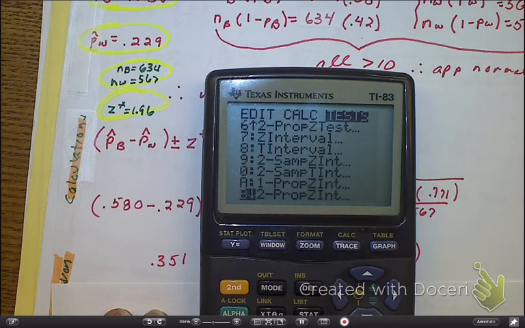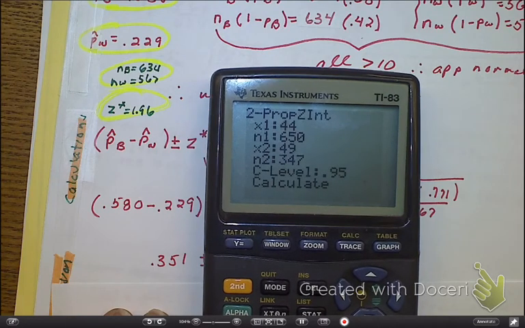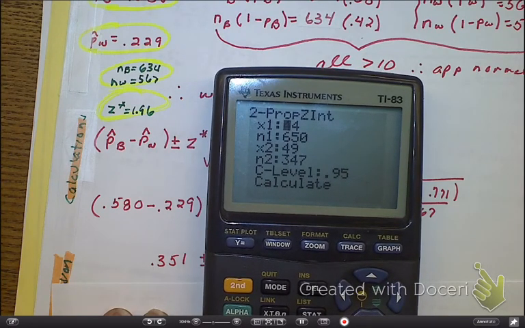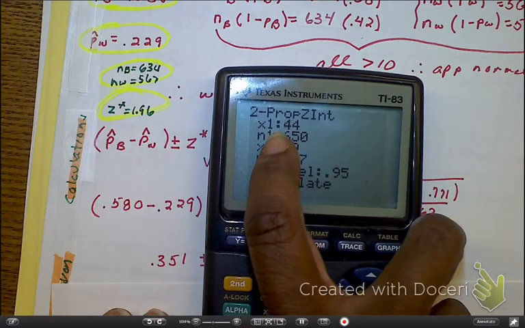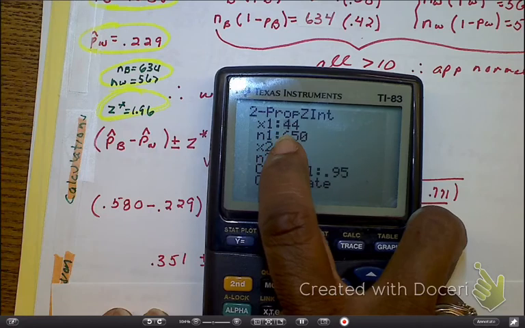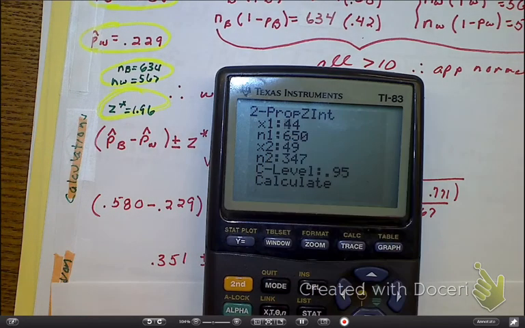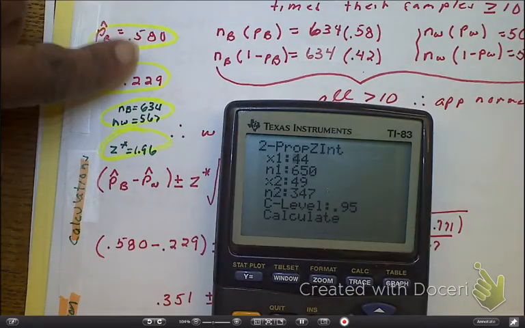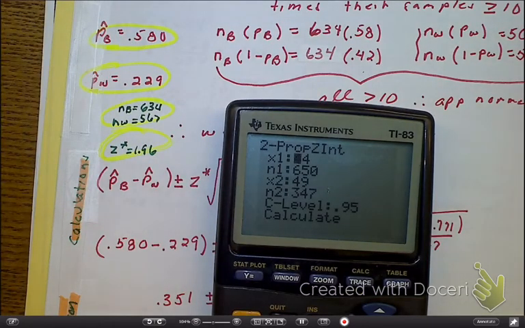Yep, B. Now what information did I need? I needed to know how did I get that 0.580? So let's put something else next to this right here so we can show where we got that information from.